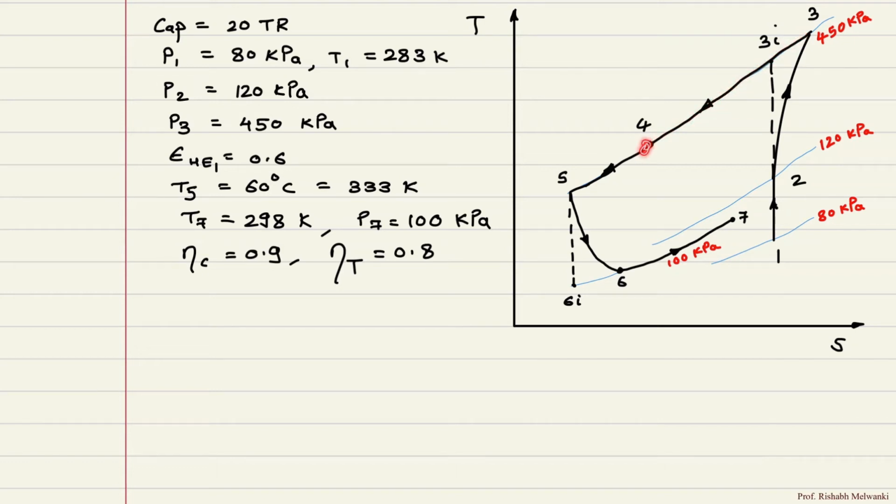Then 4 to 5, pressure is not given anywhere, so it will be constant pressure heat rejection in regenerative heat exchanger. Then from 5 to 6i, this will be isentropic expansion. Now since efficiency of turbine is given, we have to calculate actual point 6.